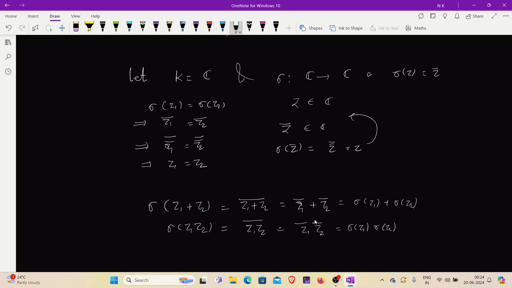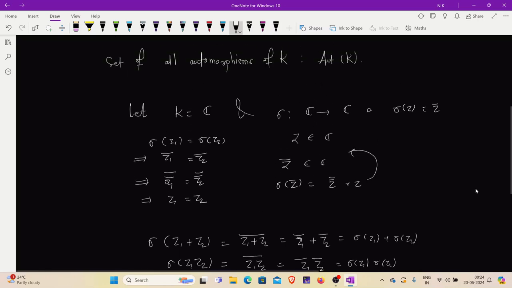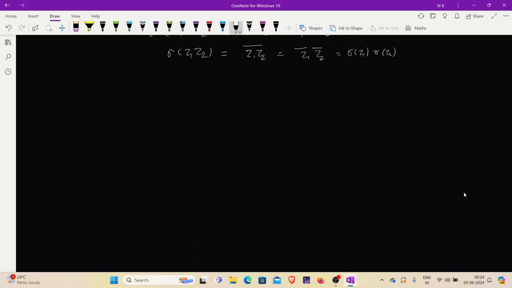So this map is an isomorphism from complex numbers to itself, so this is an automorphism of complex numbers. In the same manner, we can find many examples that make it clear what the automorphisms of a field are. Now let me define a fixed element in the case of automorphisms of a field.